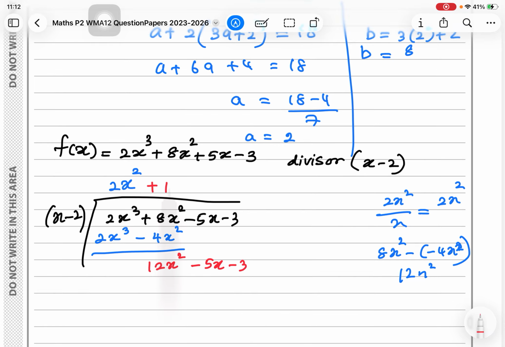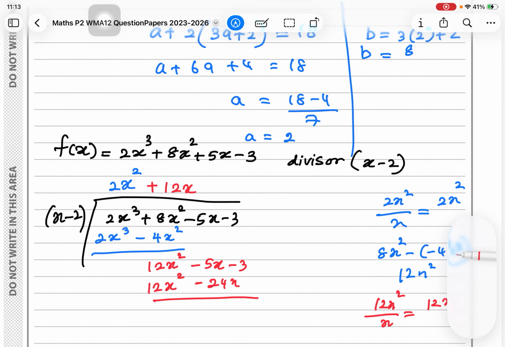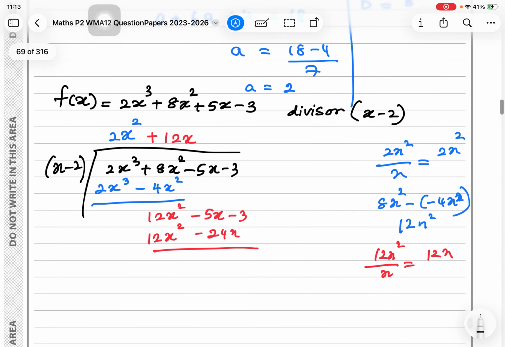This will be positive 12x this time, because 12x squared divided by x is 12x. So again, it's 12x squared minus 24x when you subtract. Now coming back to this, a negative and a positive value, what it would become is 29x minus 3.